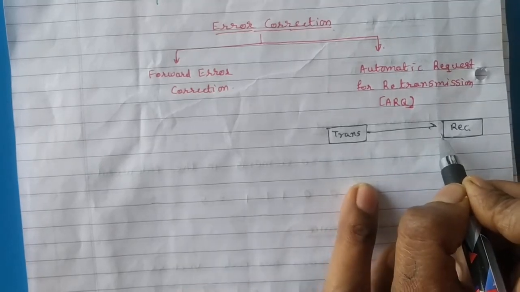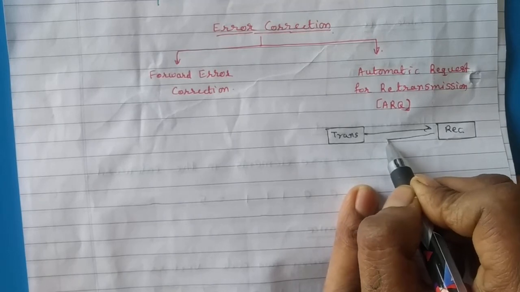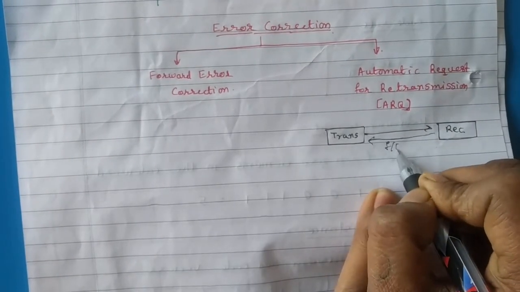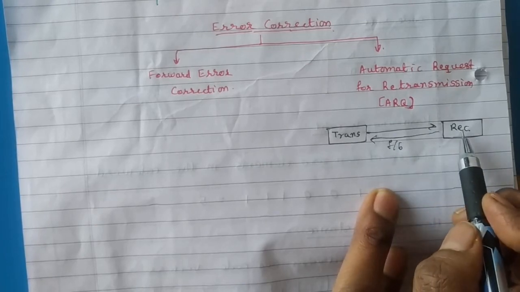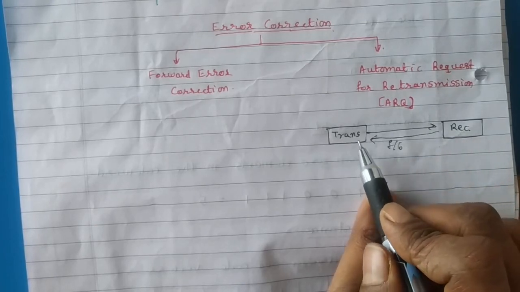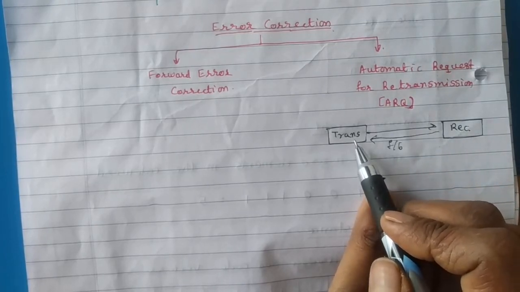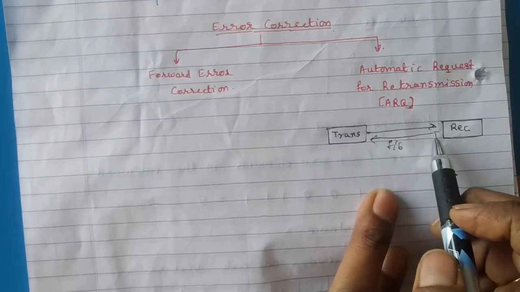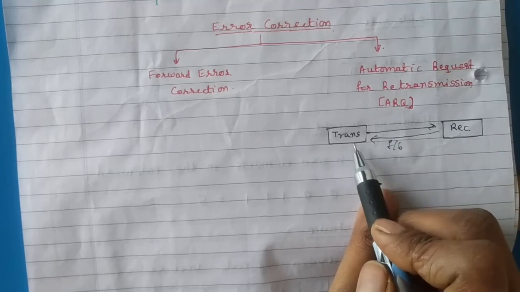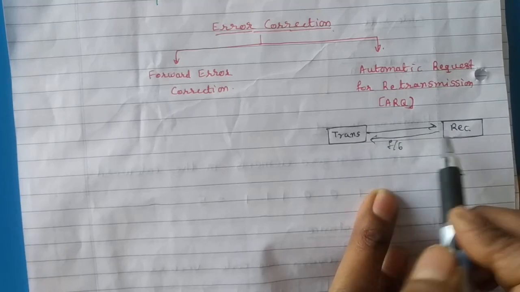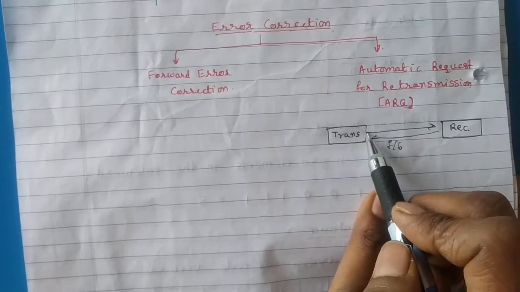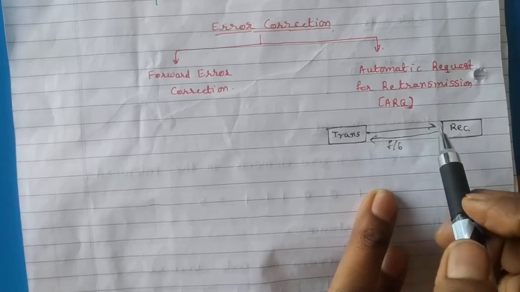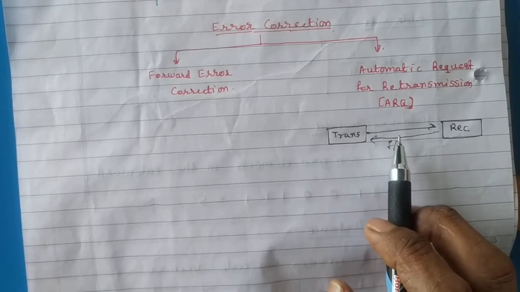That request is transmitted through a feedback path, through which the receiver tells the transmitter that a particular block of message has not been received. After receiving the feedback from the receiver, the transmitter may retransmit that block of data. That is what happens in ARQ.